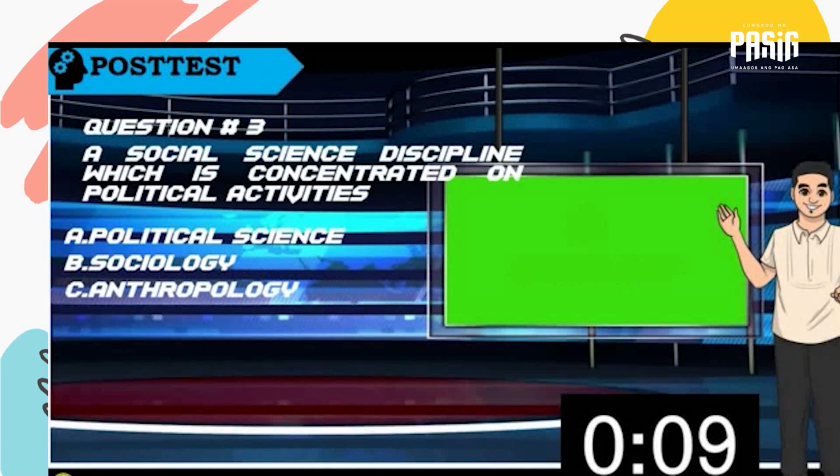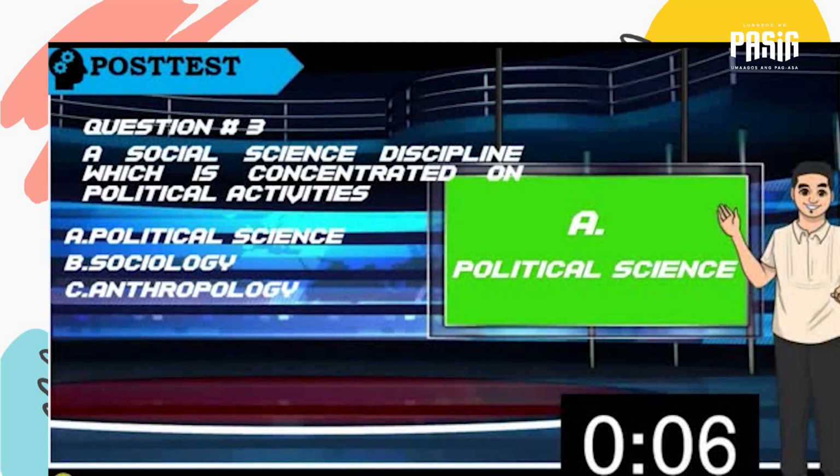Question number 3. A social science discipline which is concentrated on political activities. Letter A, political science. B, sociology. C, anthropology. The correct answer is letter A, political science.